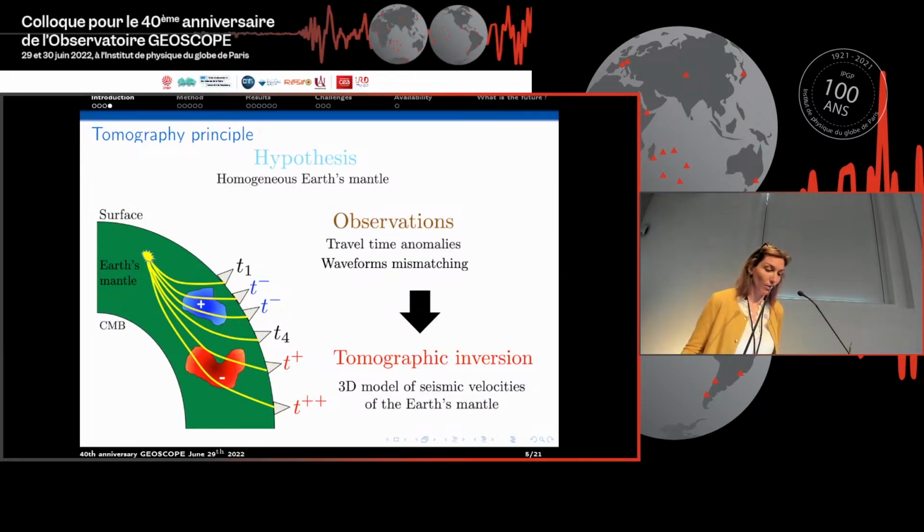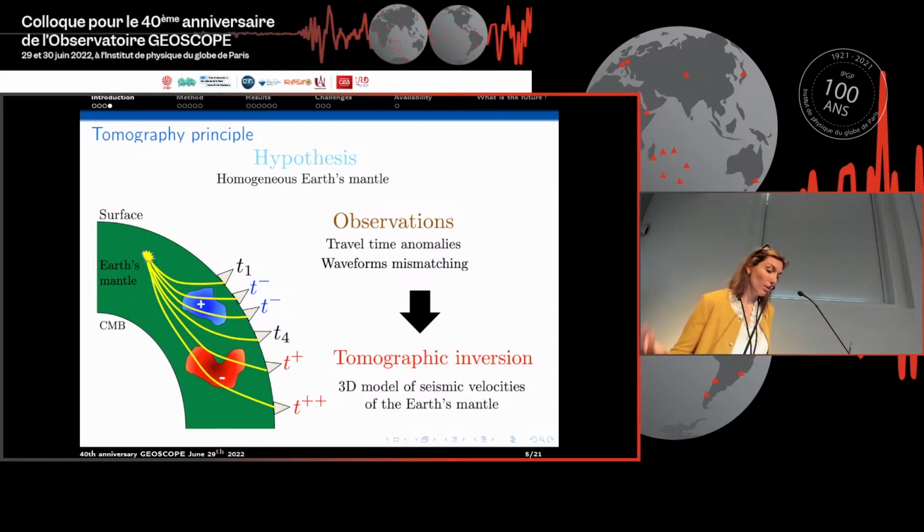The idea is you start from a hypothesis, and you make a prediction, and then you compare it to observations. There are many observations you can make with seismology: you can measure travel times, you can use the waveform. There are many kinds of observation.